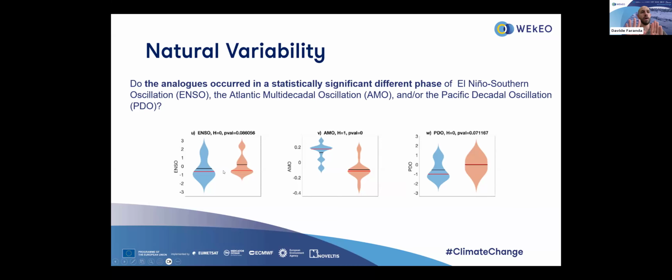So you can see here that we have the shift between the distribution of the past, again in blue, and the present analogs for the different indices, and in this case only the Atlantic Multidecadal Oscillation has a significant shift according to a Cramér-von Mises test, and therefore we cannot rule out that the changes that we see and that we have commented on before can happen because of a different phase of the Atlantic Multidecadal Oscillation.